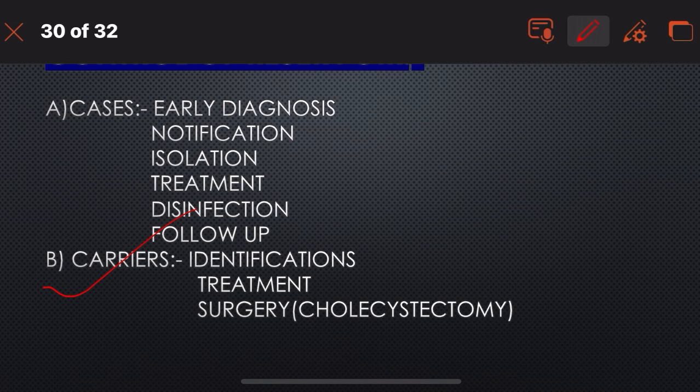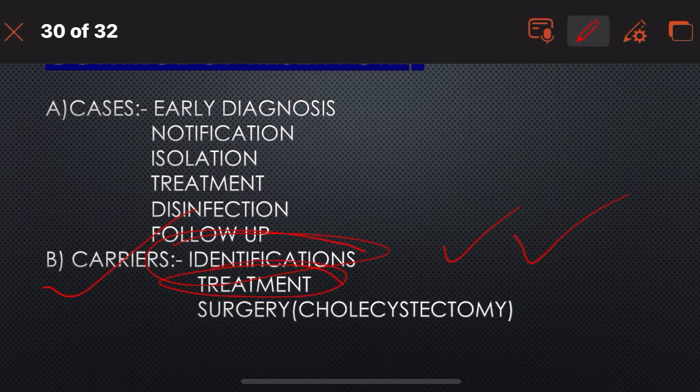Now we will move further to the carrier state. In the carriers, how can we control? Identifying the case, and then comes the treatment part. Identification can be done by stool cultures and urine cultures, and then we have the treatment part.